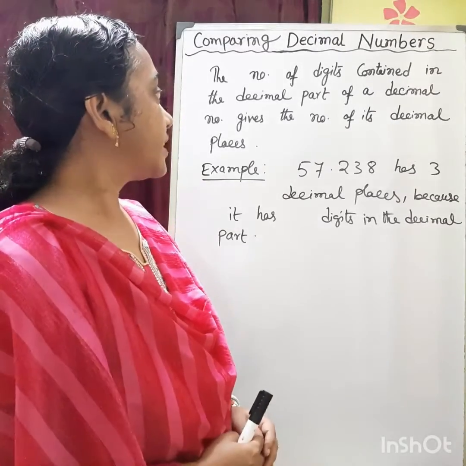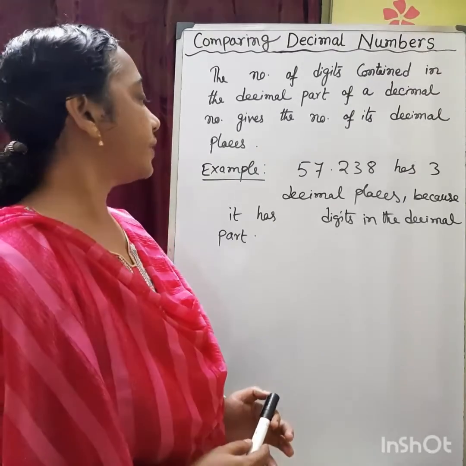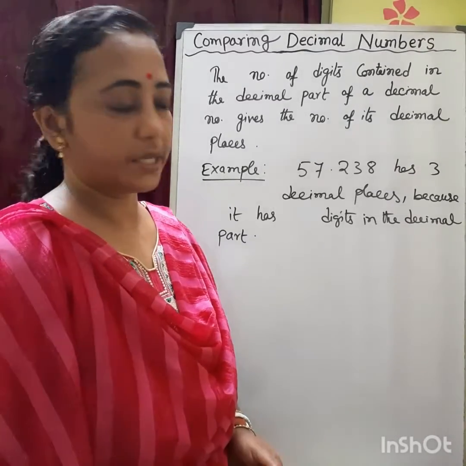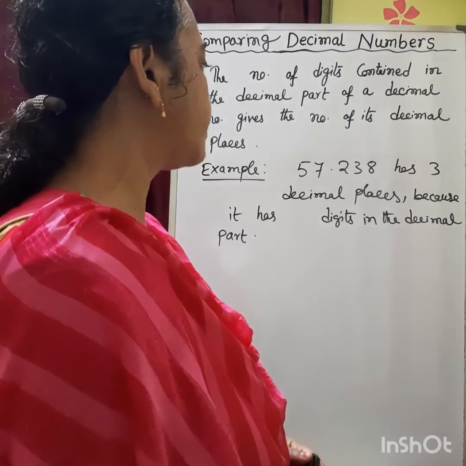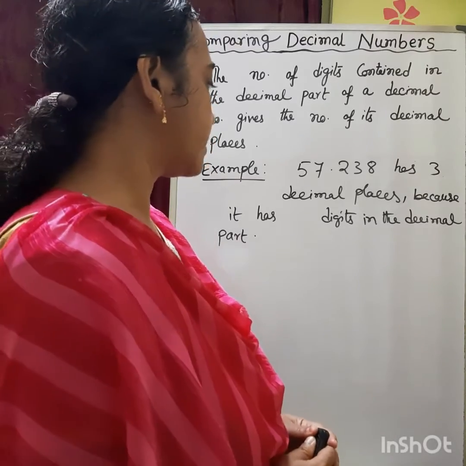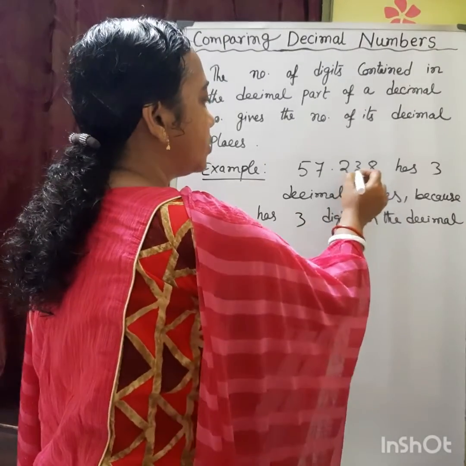Now the number of digits contained in the decimal part of a decimal number gives the number of its decimal places. For example, 57.238 has 3 decimal places because it has 3 digits in the decimal part: 1, 2, 3.